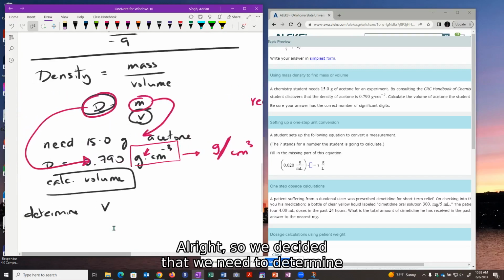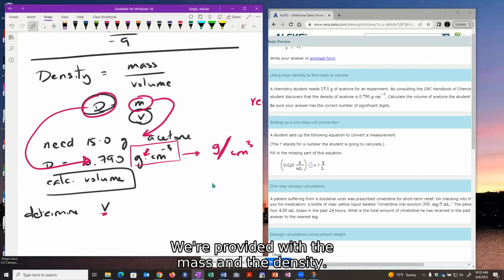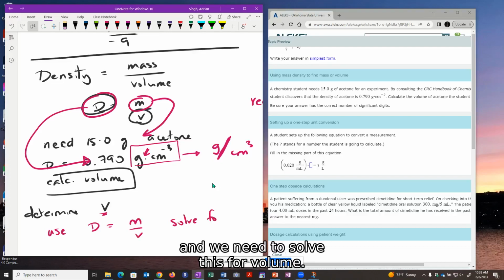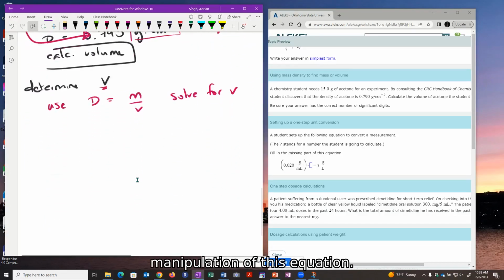All right, so we decided that we need to determine the volume. We're provided with the mass and the density. So we can take our density equation, D equals M over V, and we need to solve this for volume. This involves a little bit of manipulation of the equation.